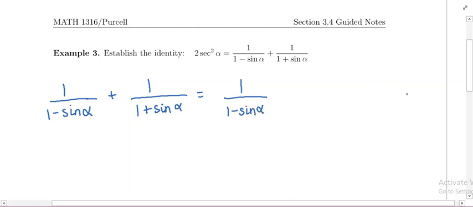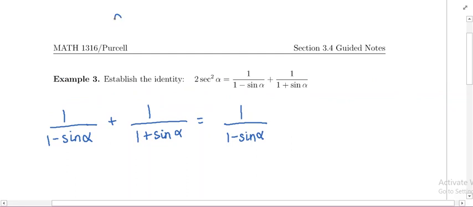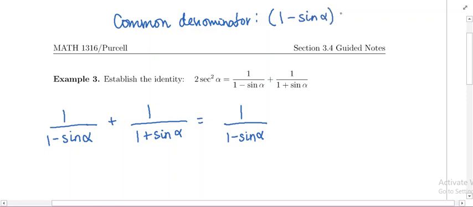So the common denominator is going to be just the 2 denominators multiplied together. So it's going to be the package deal 1 minus sine of alpha times the package deal 1 plus the sine of alpha. You need parentheses around both quantities, okay?